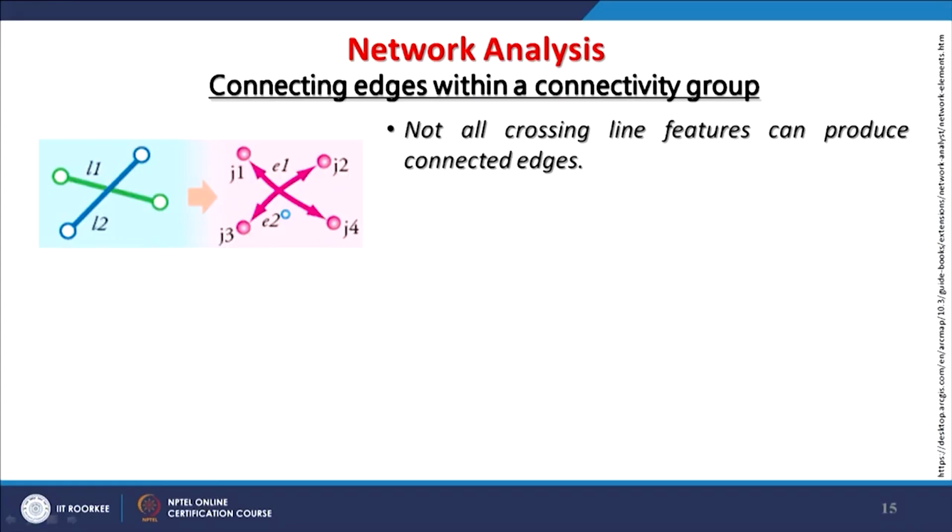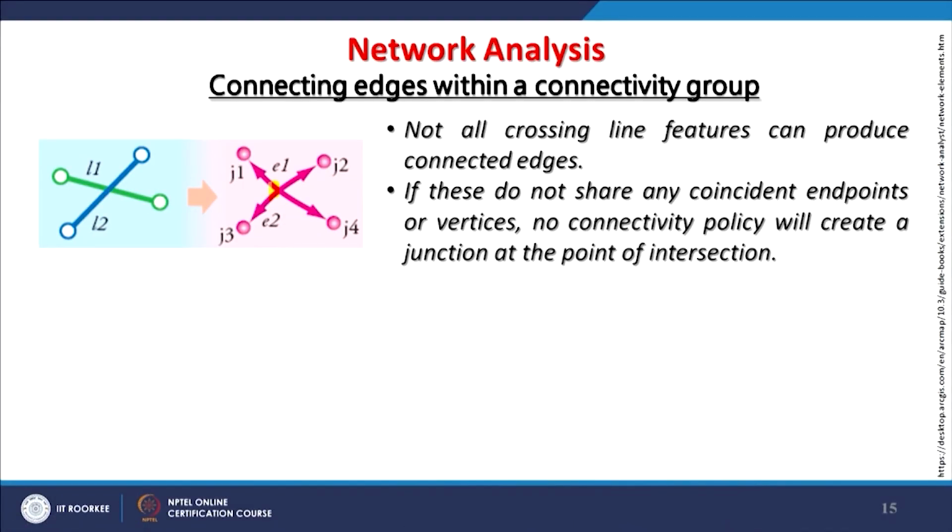As you know, not all crossing line features produce connected edges. That means there may not be a junction in all the cases. And if they do not share any coincident endpoints or vertices, no connectivity policy will create a junction at that point. So, it depends on how your network is.